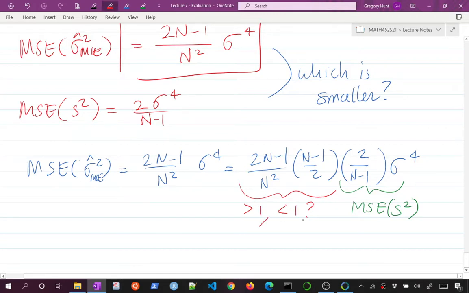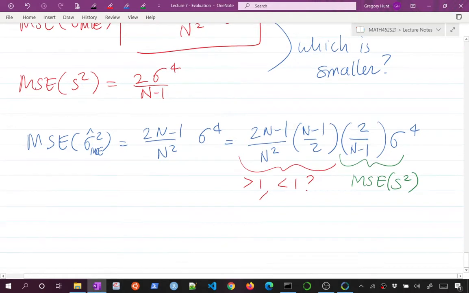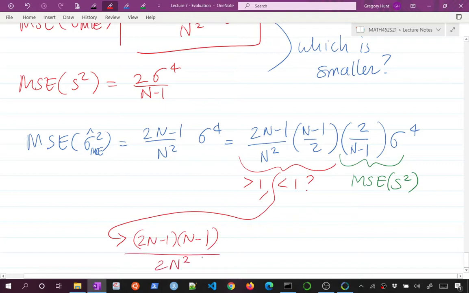If it's bigger than 1, then the MSE of the MLE is bigger than the MSE of s squared. If it's less than 1, it's less. And nicely, what we get here is this first part: 2n minus 1 times n minus 1 over 2n squared.